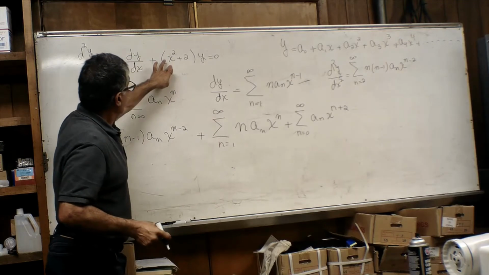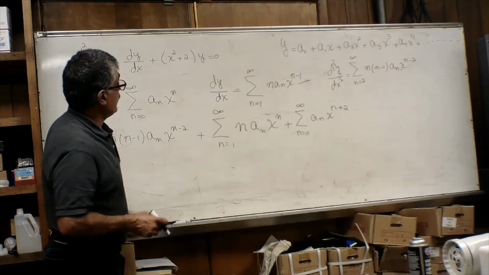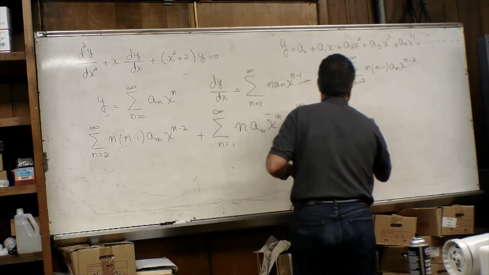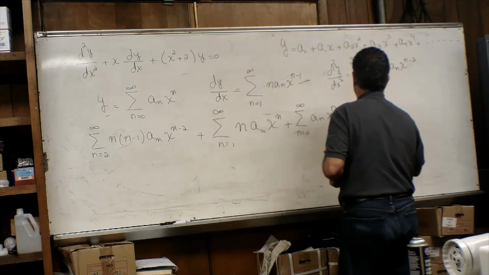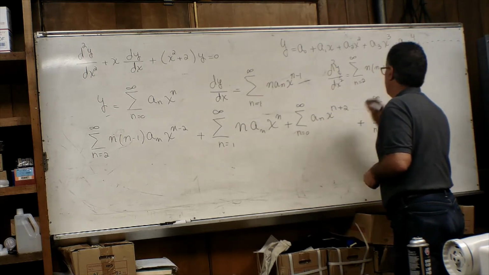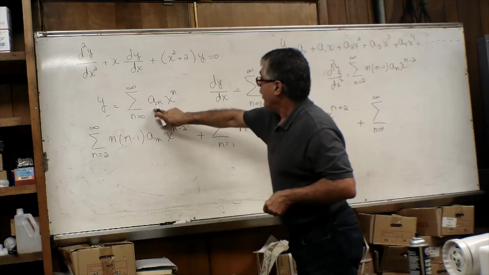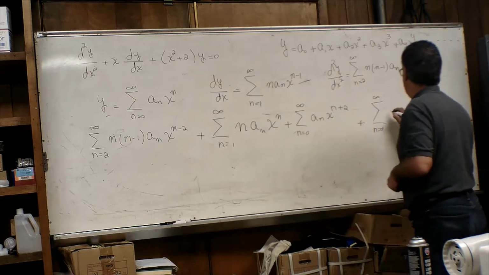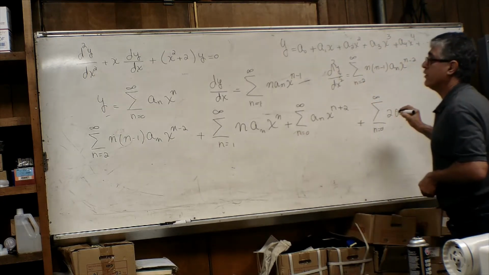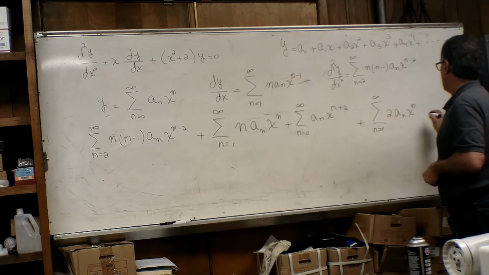x squared multiplied by x to power n is x to power n plus 2. Then plus summation n from 0 to infinity of 2 multiplied by a n x to power n, 2 a n x to power n, equal to 0.